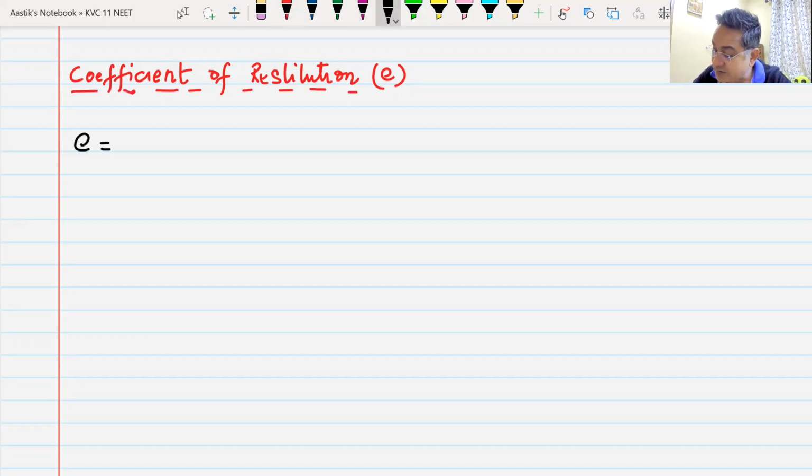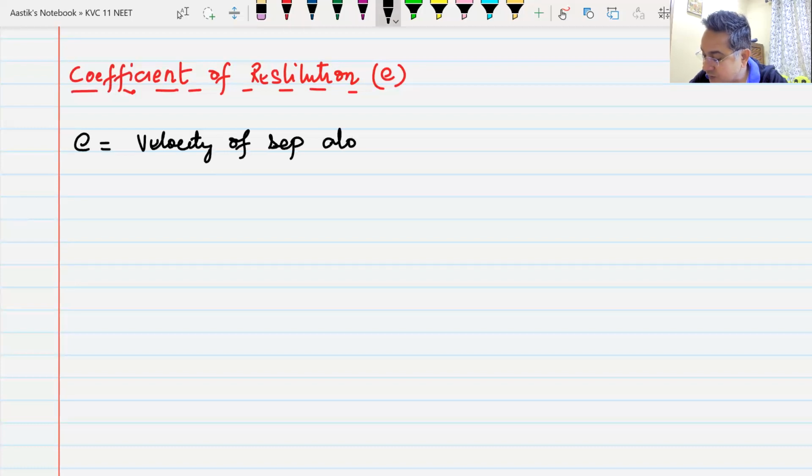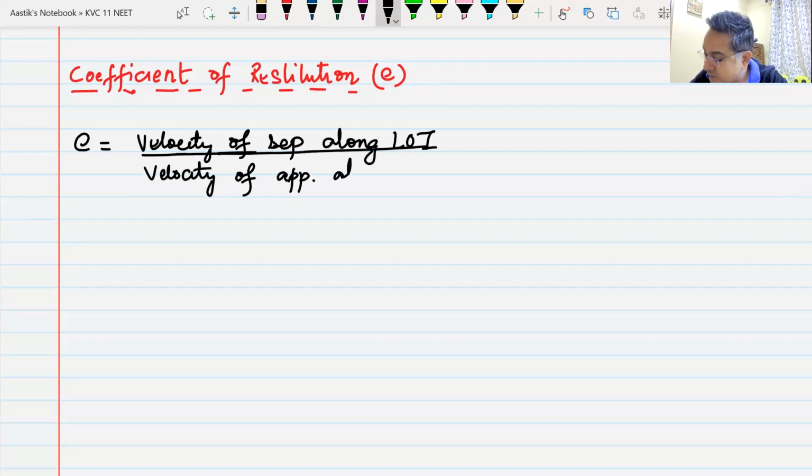The value of e is velocity of separation divided by the velocity of approach, along the line of impact.